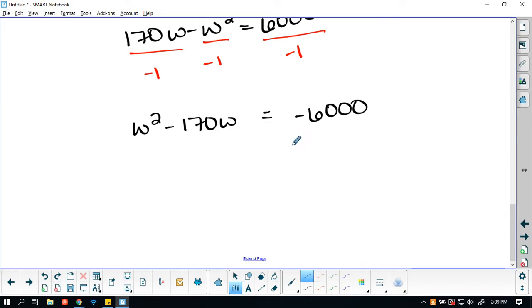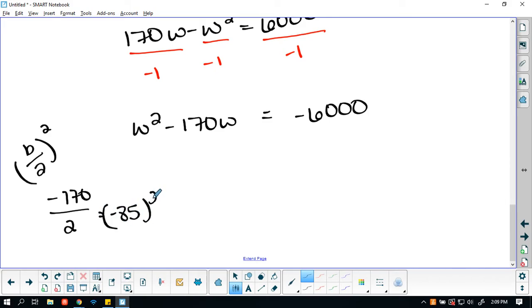Now I think I might try completing the square here. So I'm going to take B, divide that by 2, and then square. We're going to have a really big number. So B, which is -170, divided by 2 gives us -85.